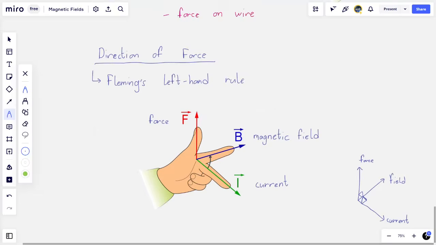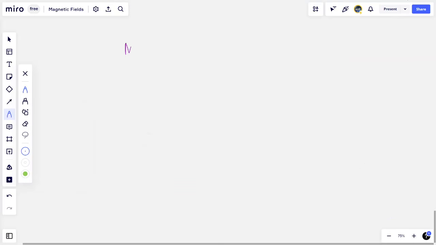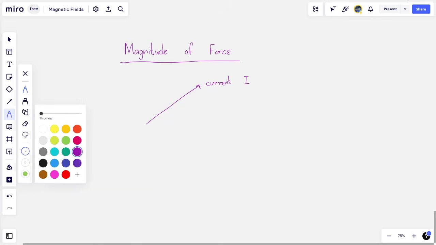Now that we have the direction of the force, we need to find the magnitude of the force, the size of the force. The size of the force also can be fairly difficult if you're not using calculus and vectors. But if I had a wire carrying a current I at some angle to the field lines.